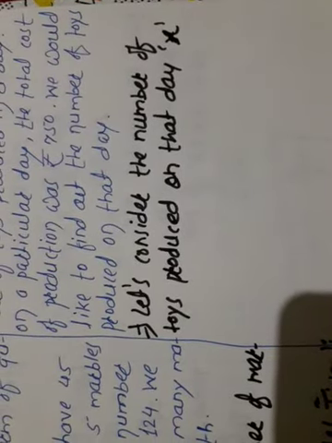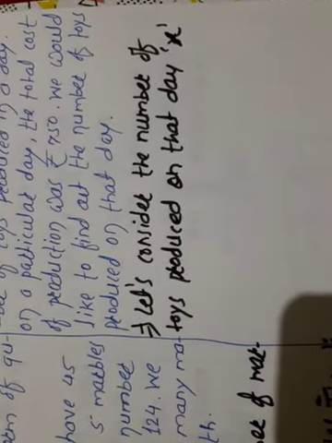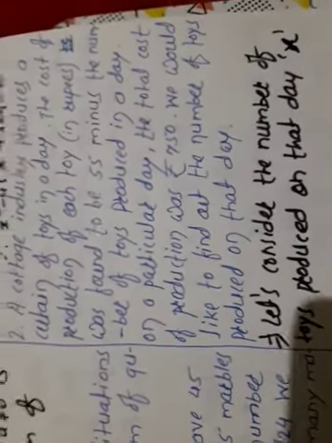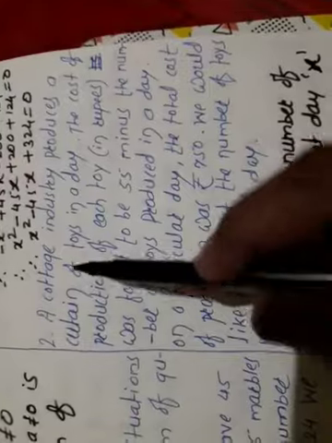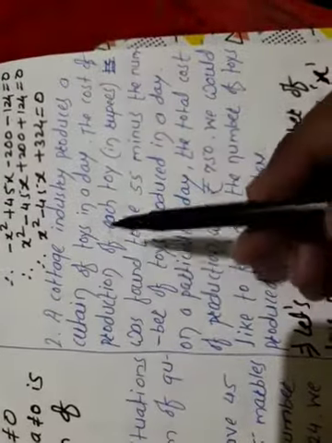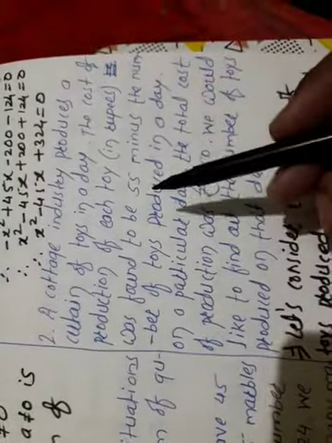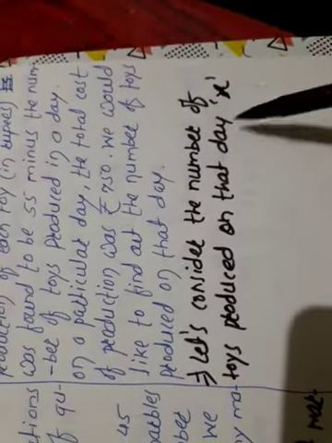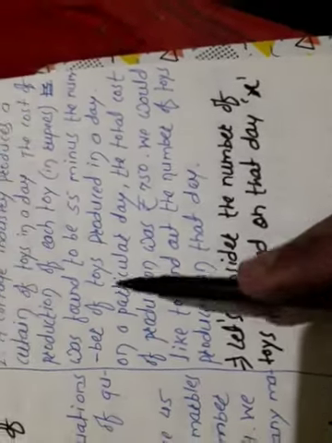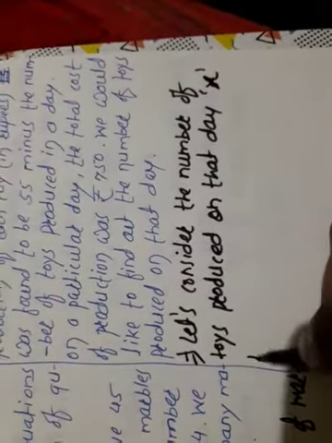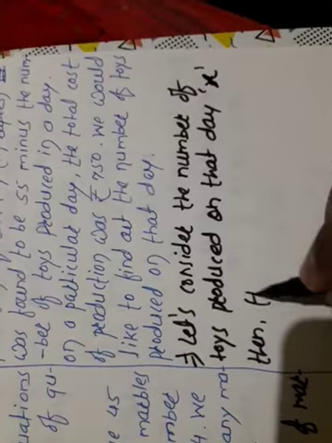The next, therefore the cost of production of each toy of that day according to this condition. The cost of production of each toy was found to be 55 minus the number of toys. We have considered here number of toys x.